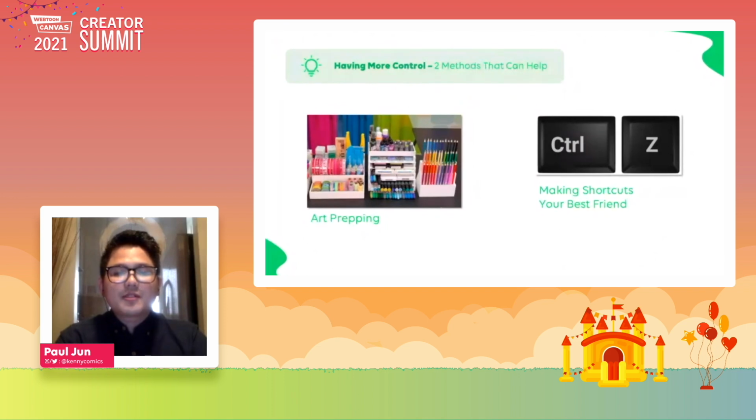In terms of having more control over your processes, here are two key methods that I think are extremely essential for people making comics on their own or people who are making comics professionally. One of them is called art prepping. I don't think it's an actual term, but it's something that I coined so that it's an easy way to explain. And also making shortcuts your best friend.